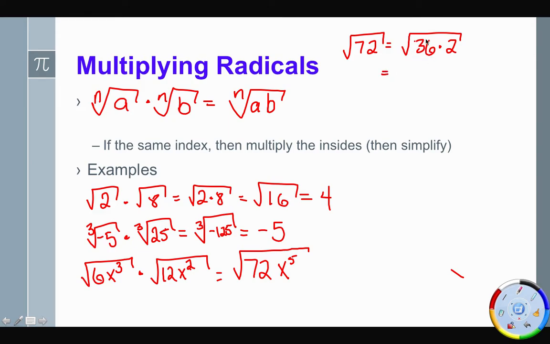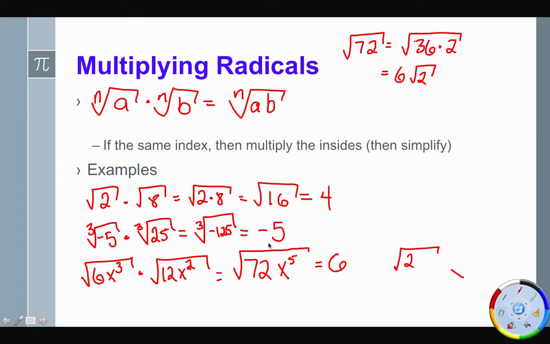And I can say, well, the square root of 36 is 6, and the square root of 2 is the square root of 2. So when I take this square root here, if I simplified this, this becomes 6 on the outside because the square root of 72 is 6 square root of 2. We still have a square root of 2 out here.